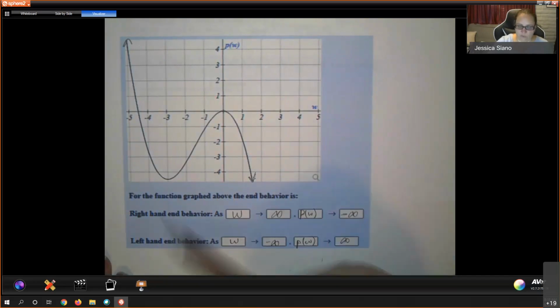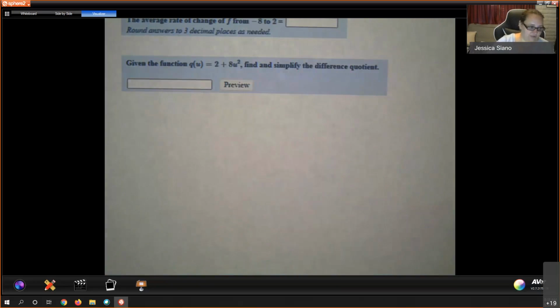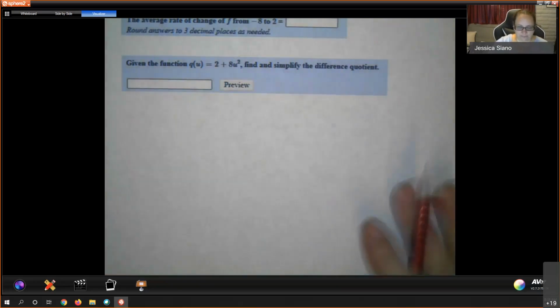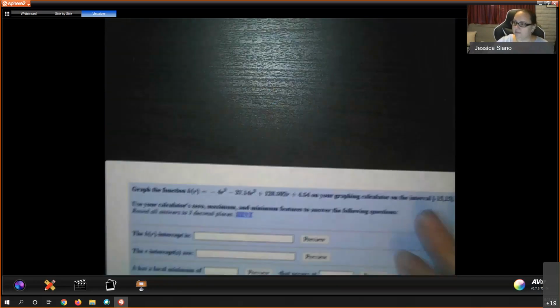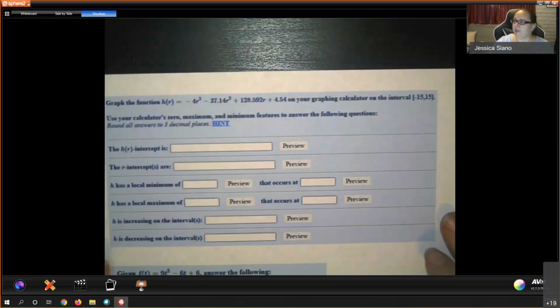Just always be very aware of which one they're asking you, because sometimes they ask left hand first and sometimes they ask right hand first. And my instinct is always to go left to right because that's how we go. I don't know, but that doesn't always work.